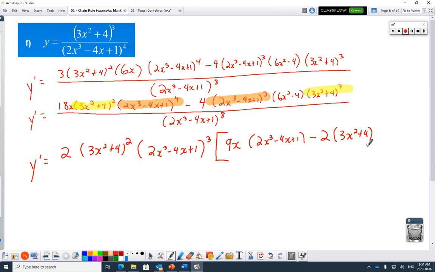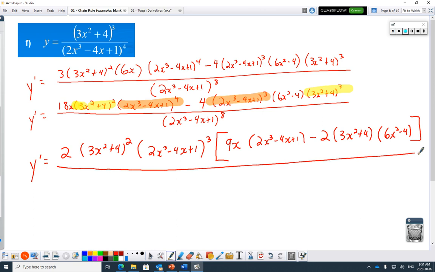How about 2x cubed minus 4x plus 1? I took out 3. How many was there? 3. They're all gone. They're done. They're out there now. Nothing to worry about. But this one does have a leftover 6x squared minus 4 from the chain rule.